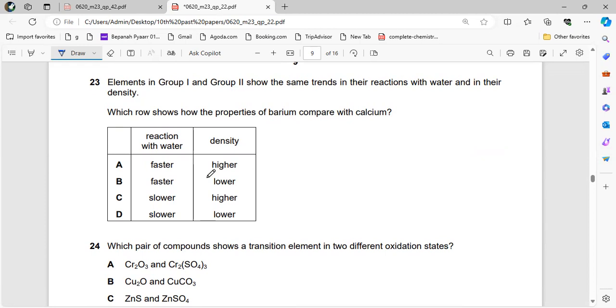So, in case of group 1, the reactivity increases as we go down the group. Also, the density increases as we go down the group. Okay, so same is considered for group 2. In this case, reaction with water will be faster as we go down the group. Okay, and the density will be higher. So it is option A.